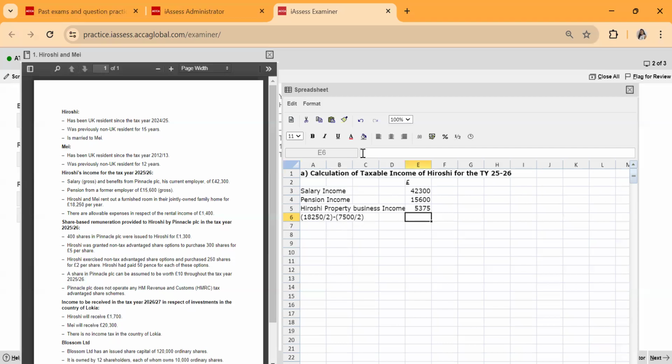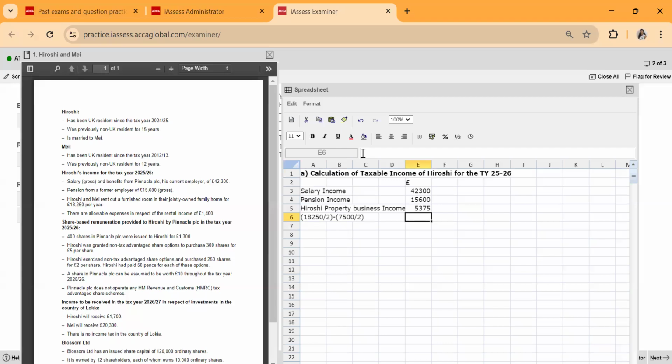They have jointly taken a furnished room in a jointly owned family home, and as per the rules of rent-a-room relief, it can be claimed, whereby the expenses will not be allowed. Rather, 7,500 will be the threshold limit provided to both Hiroshi and May combined. So accordingly, each of them will get 3,750 each, 7,500 divided by 2.